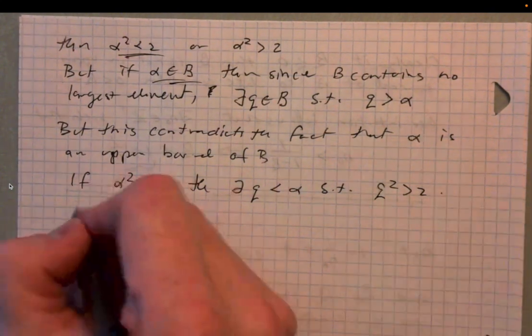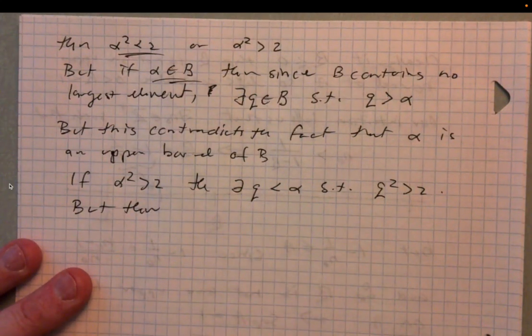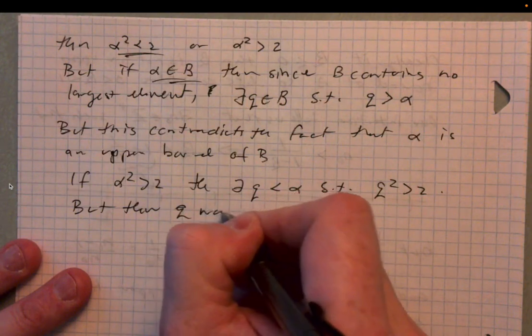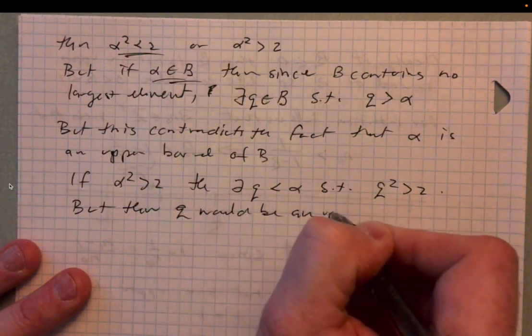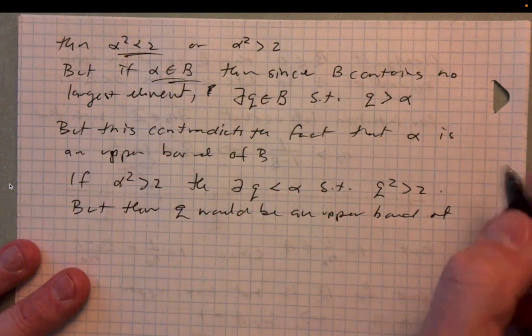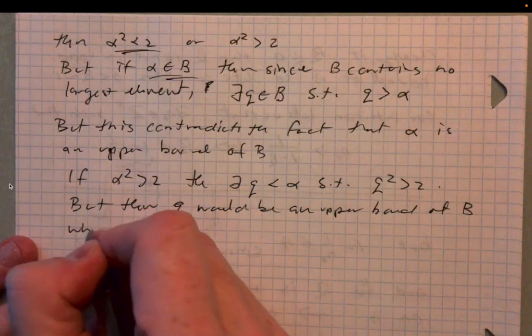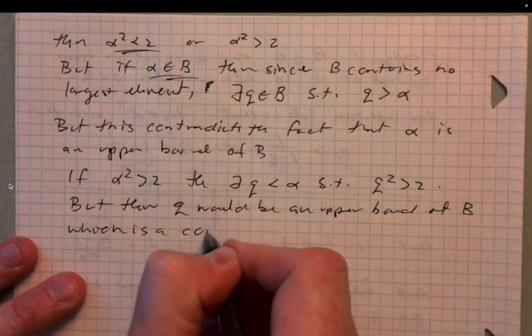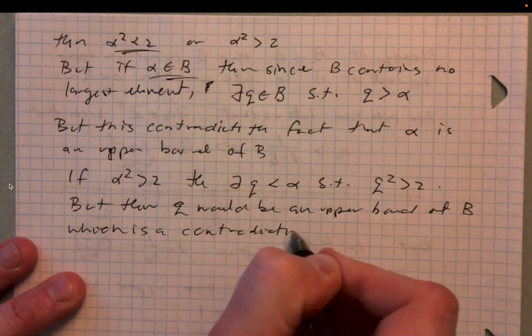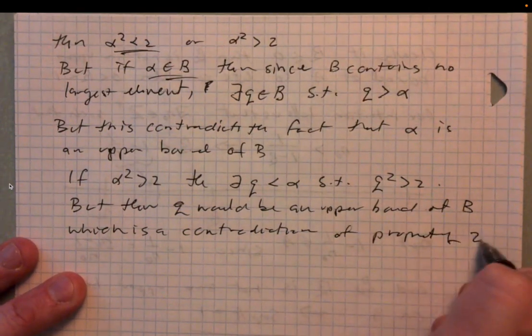But then q would be an upper bound of B, which is a contradiction of property 2.